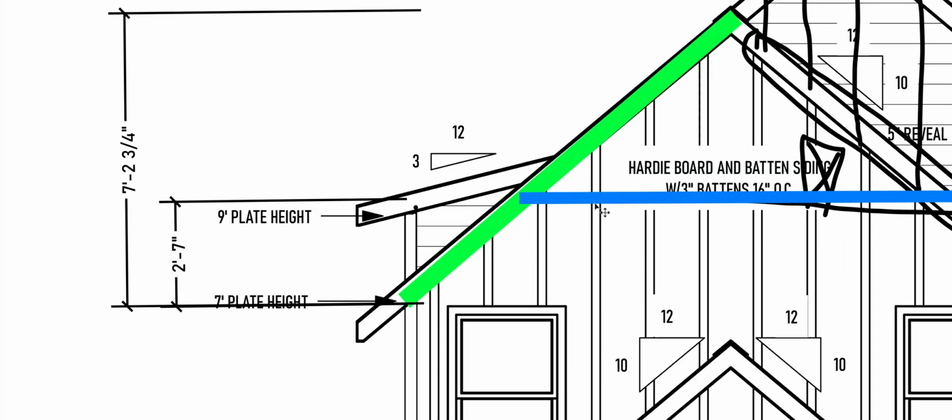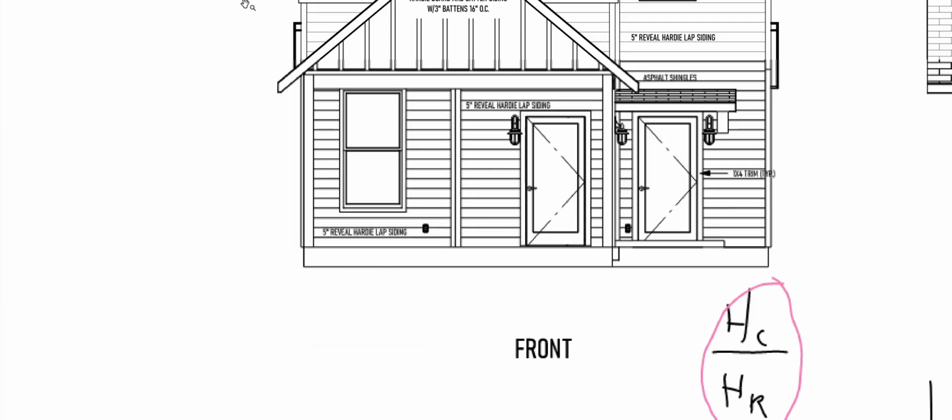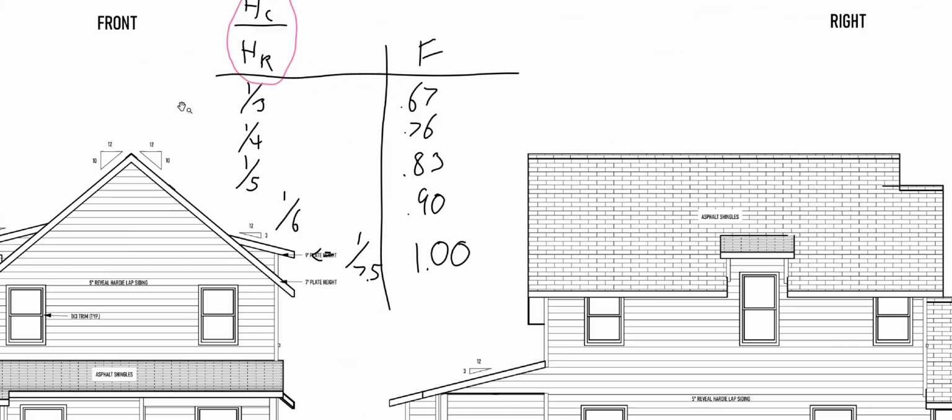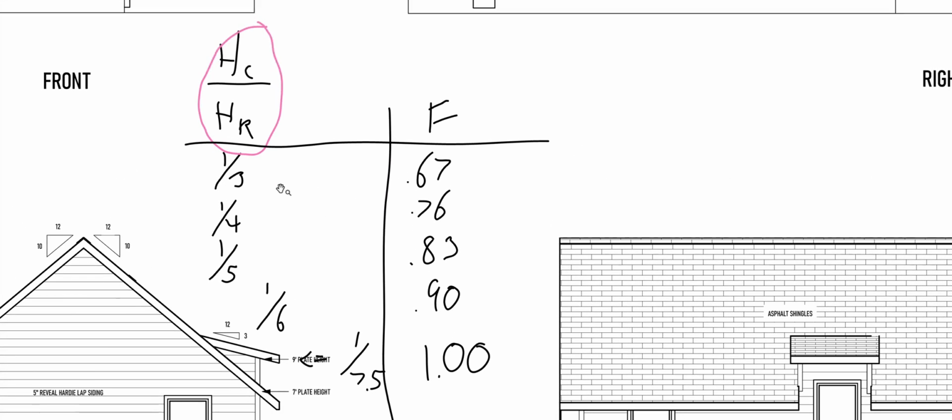Now, normally, when the ceiling joist is on the wall, this number is either 0 or very small, right? When I look at this table, I'm looking at this value, say 1/3.